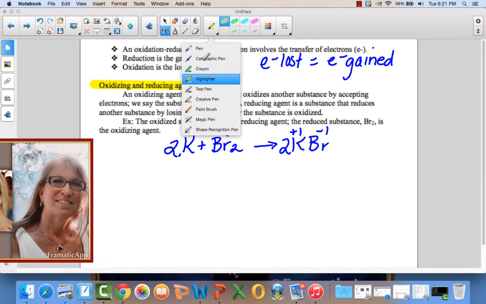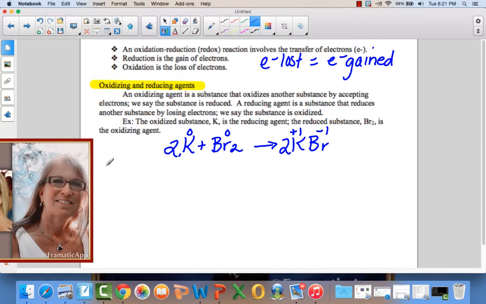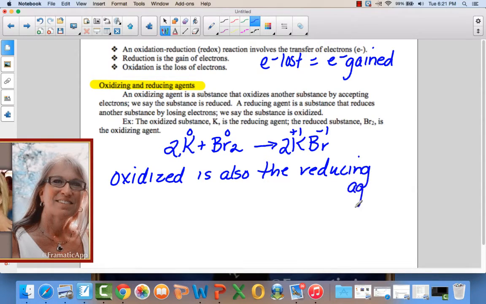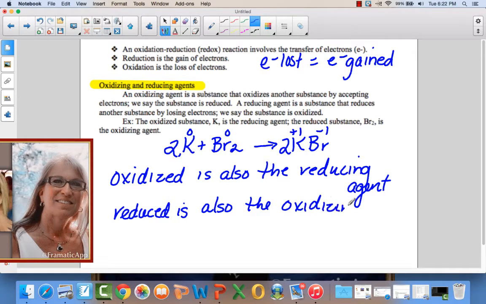If you take the upper level class, we'll get into this a little bit more, but for right now, just remember, whatever is oxidized is also the reducing agent. And whatever is reduced is also the oxidizing agent. So they're the opposite. Whatever's reduced is the oxidizing agent. Whatever's oxidized is the reducing agent.